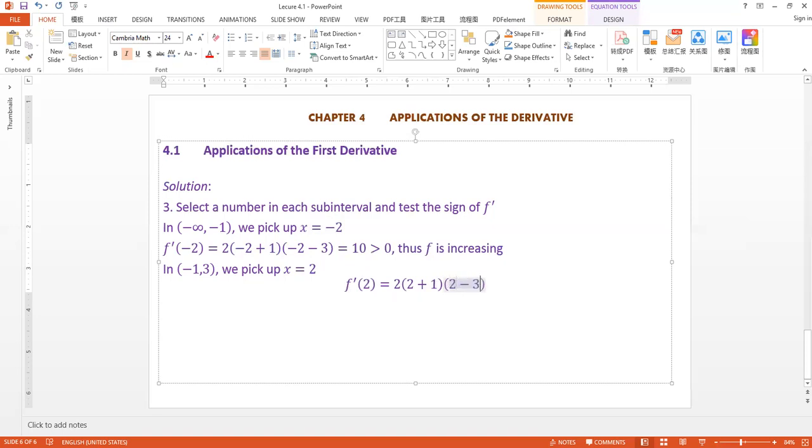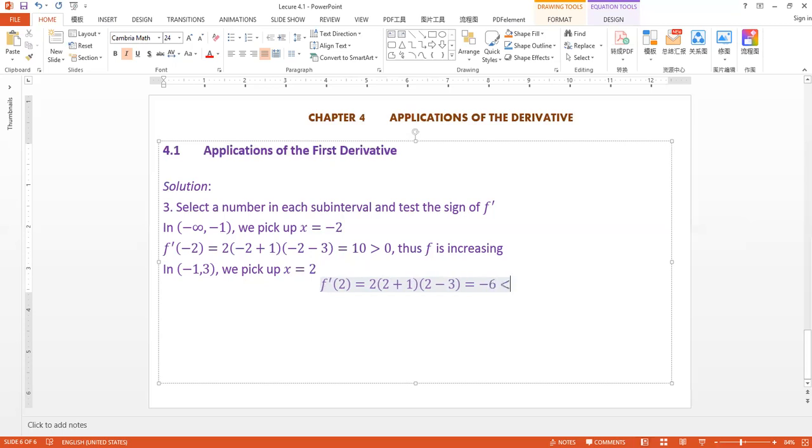So f prime is 2 times (x plus 1) times (x minus 3). We pick up 2 for x, then we get 2 times (2 plus 1) times (2 minus 3). So this time 2 plus 1 is 3 and 2 minus 3 is -1. So we get 2 times 3 times -1. So that's -6.